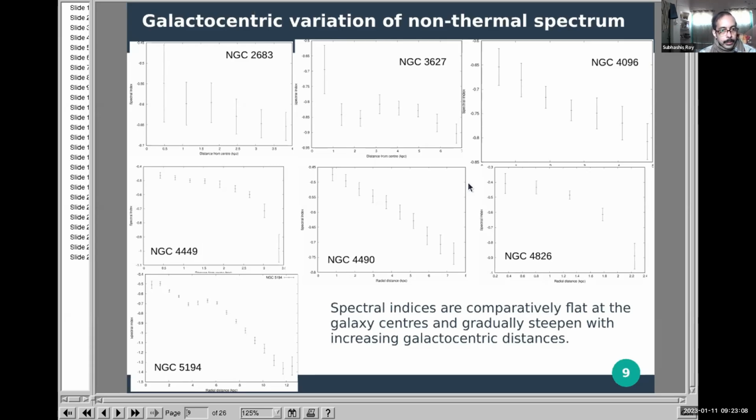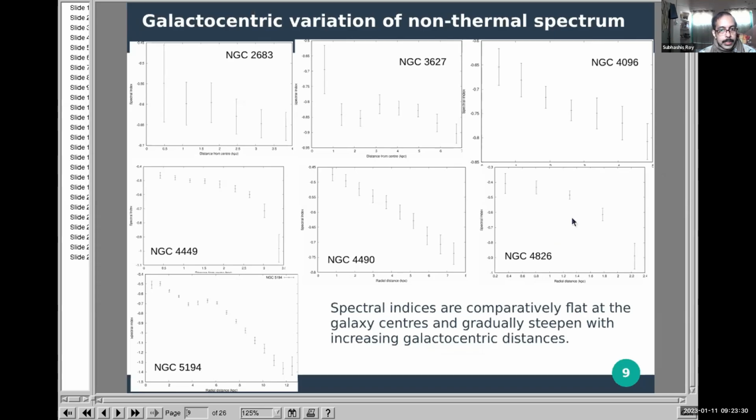But as you approach the edges of these galaxies, the x-axis is showing the distance from the center in kpc. 2683 has gone up to 4 kpc, 3627 has gone up to about 7 kpc, I think. 4096 has gone about 6 kpc. 4449 has gone into several kpc.